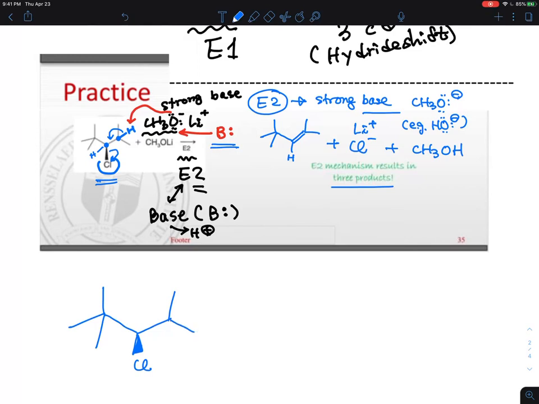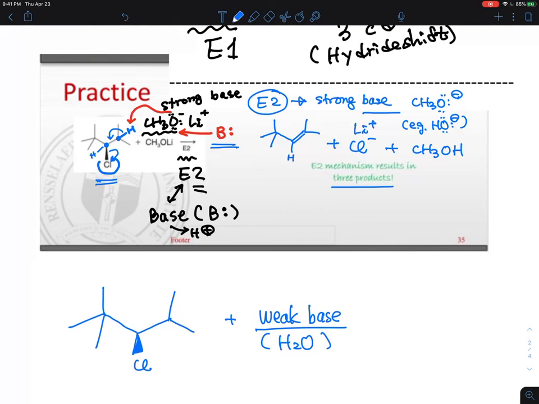But this time, let me just say I have a very weak base. I don't know what the weak base is. Something like, well, H2O is probably a weak base too, but it doesn't occur to me right away what a good example of a weak base is.